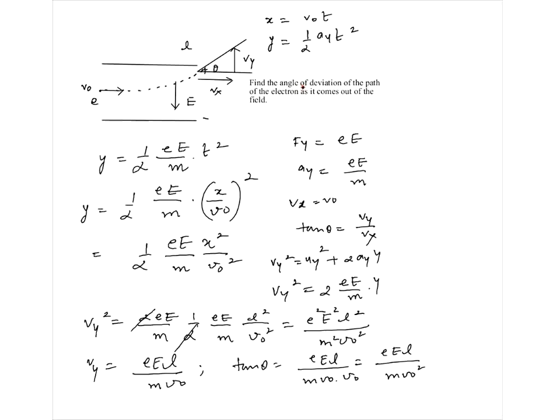Find the angle of deviation of the path as it comes out of the field. So we are assuming that it is able to come out of the plate. Otherwise, if x is too small, if L is too small, y depends on x square.